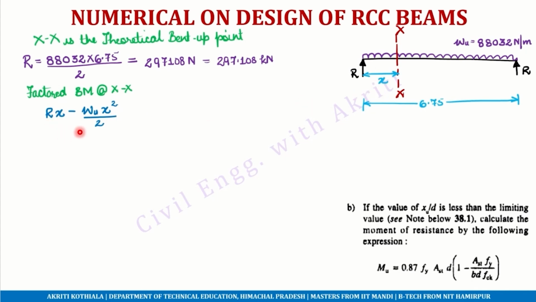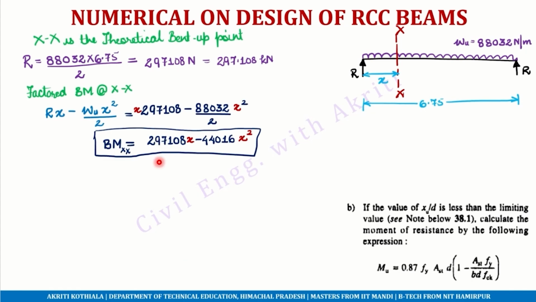So we get this formula, and substituting the values we obtain the equation 297,108x minus 44016 x squared. This bending moment at point xx, the theoretical bent up point, should be equal to the value of bending moment obtained from the formula given in annexure G, where the value of AST will be equal to AST1, that is the steel that is remaining.